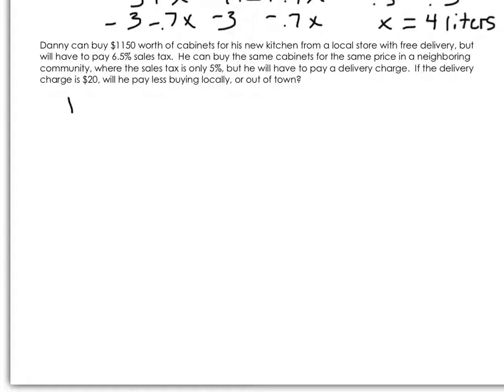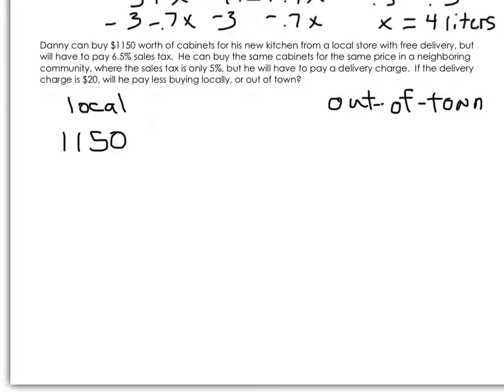So we have two possibilities here. He might buy local. He might buy out of town. So if he buys locally, he's going to buy $1,150 worth of cabinets. He will have to pay sales tax on that.